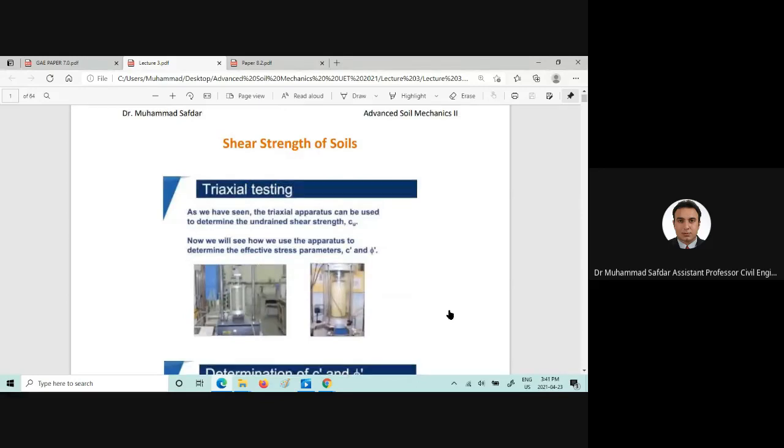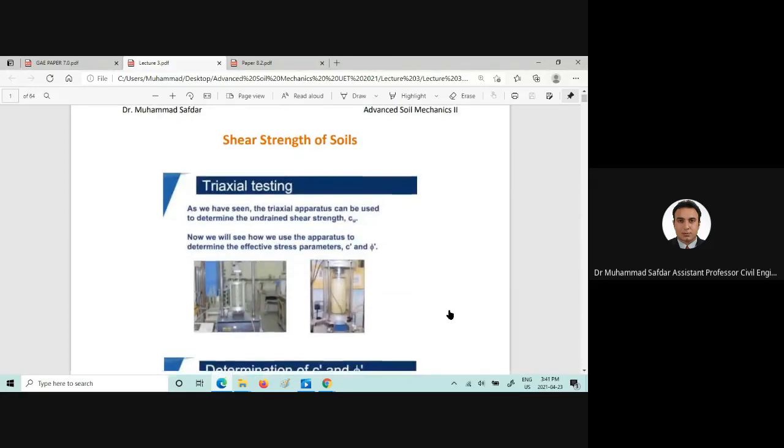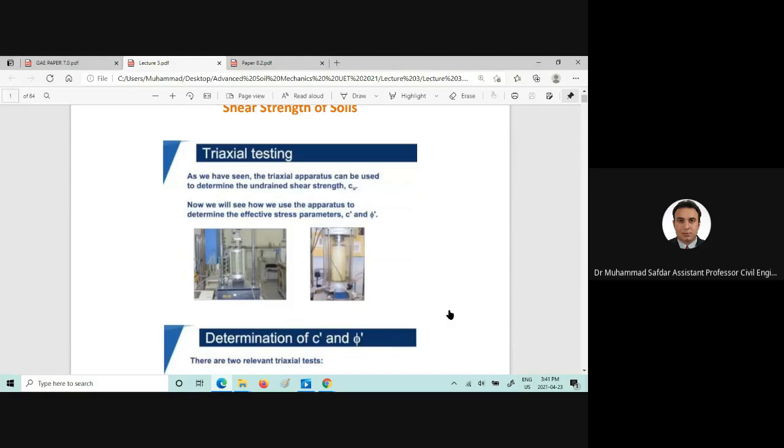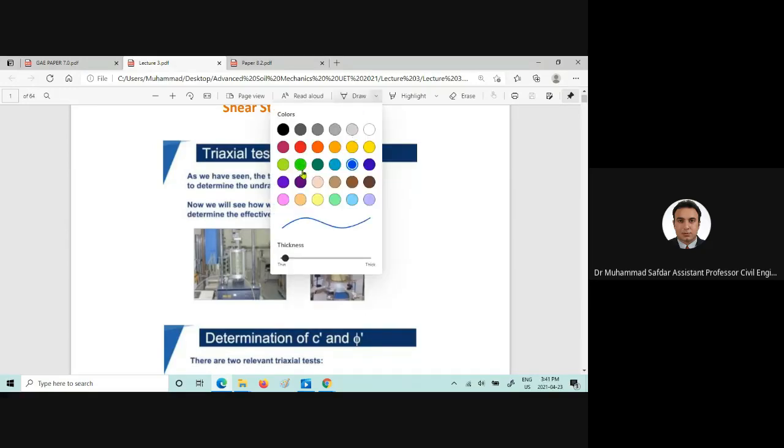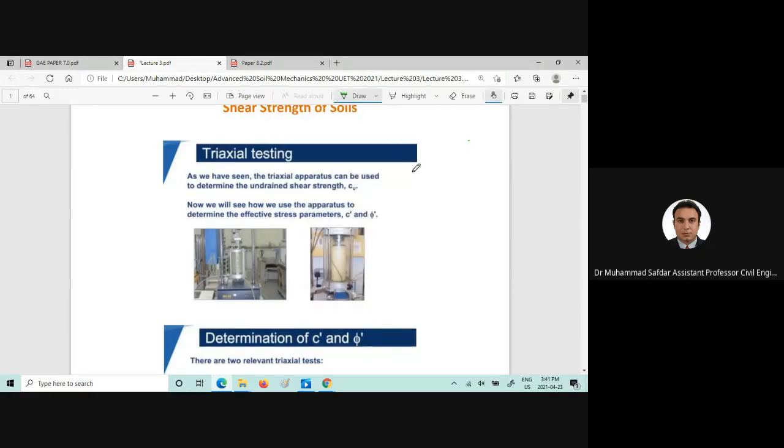Now in previous lecture, we find out that we can perform tests like unconsolidated undrained test and unconfined compression test, and from these two tests we will find out the undrained shear strength of the soil.